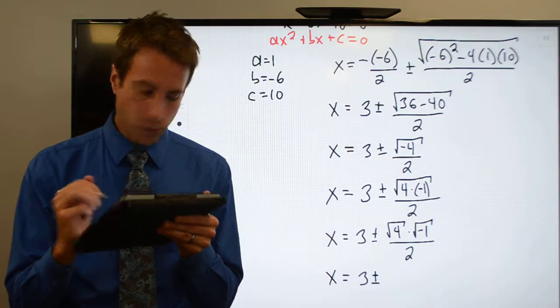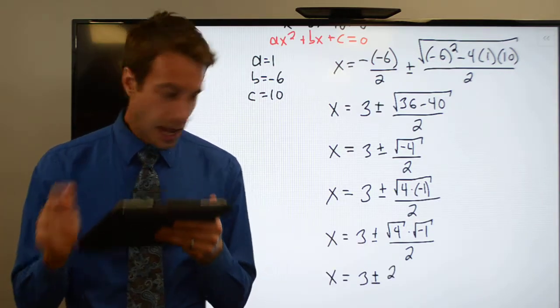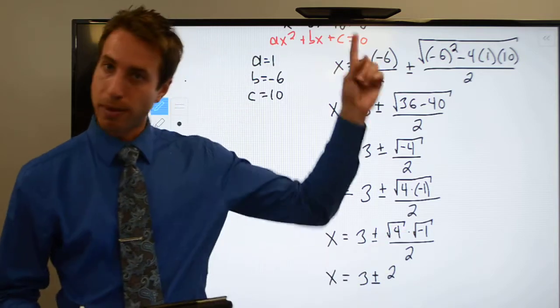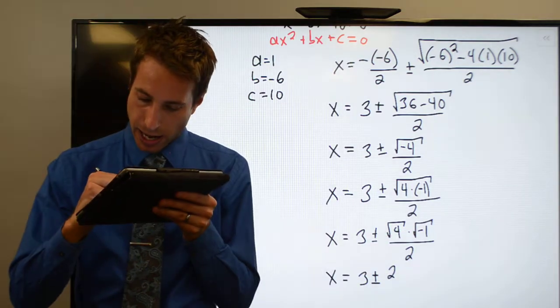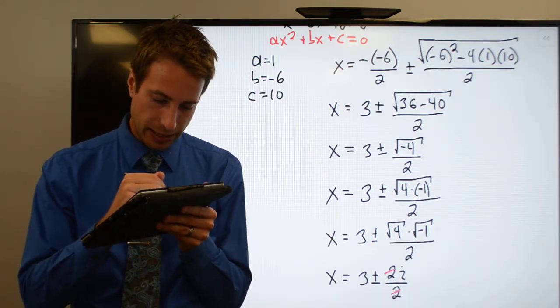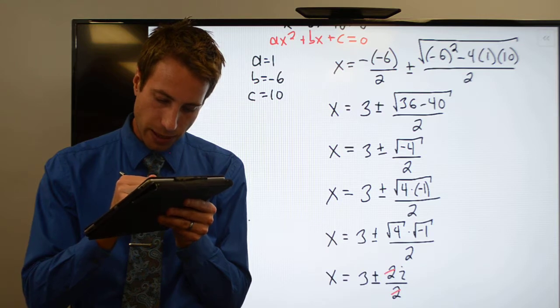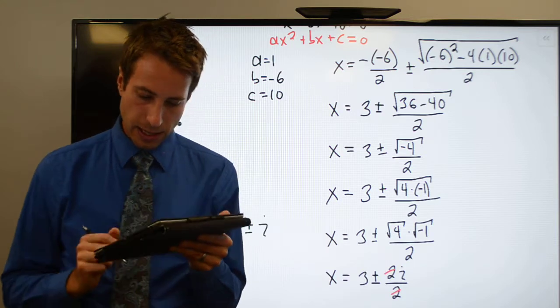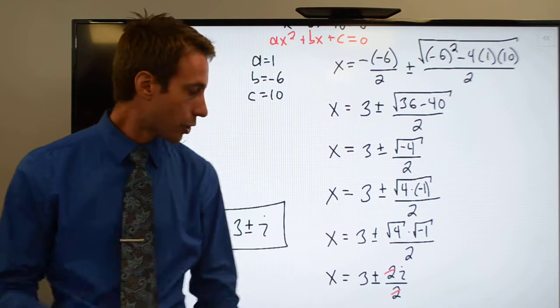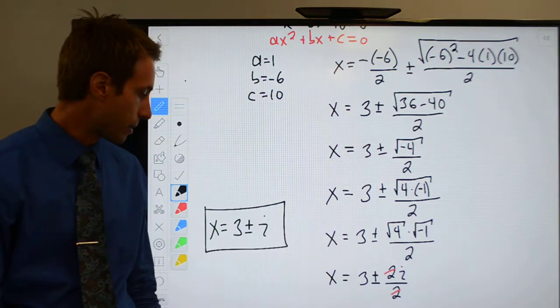Now, the square root of 4 is 2, and the square root of -1, remember I wrote it for you up there at the top, is i, all divided by 2. Oh, look at that, the 2's cancel each other out, and you are left with x equals 3 plus or minus i. So your two solutions are x equals 3 plus i, and x equals 3 minus i.